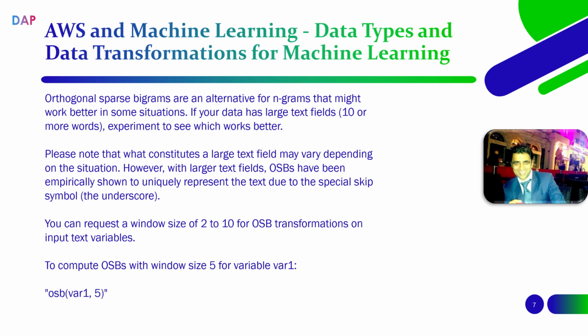It's about working smart, being creative, and in some cases experimenting to see which one works for your data and the problem in hand. Please note that what constitutes a large text field may vary depending on the situation. However, with larger text fields, OSBs have been empirically shown to uniquely represent the text due to the spatial skip symbol, the underscore. Just remember this.